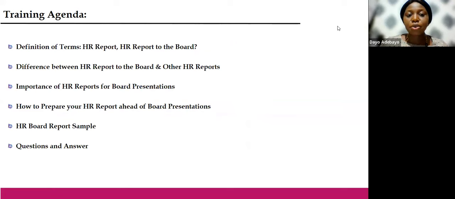We'll also discuss the differences between HR reports and other types of HR reports, the importance of HR reports to board presentations, and in-depth discussions about how to prepare HR reports ahead of board presentations. We are also going to look at a detailed sample of an HR report to the board. Then we'll take questions and answers, and wrap up for the day.